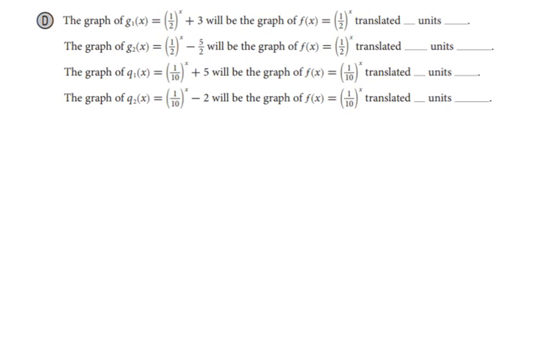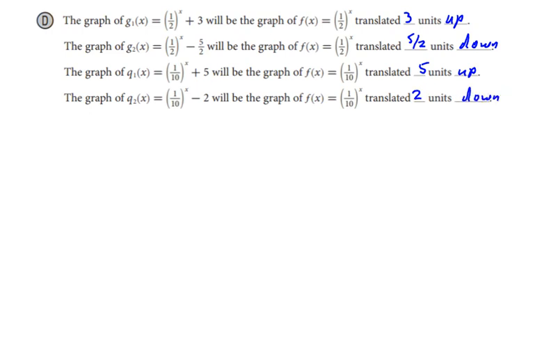Then we have this k position, which is up and down. (1/2) to the power of x plus 3 will be 3 units up. This next one, minus 5/2, will be 5/2 units down. And in this next one, 5 units up. This last one, 2 units down.